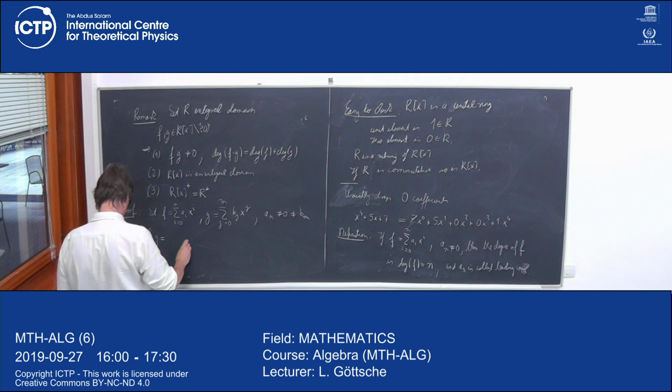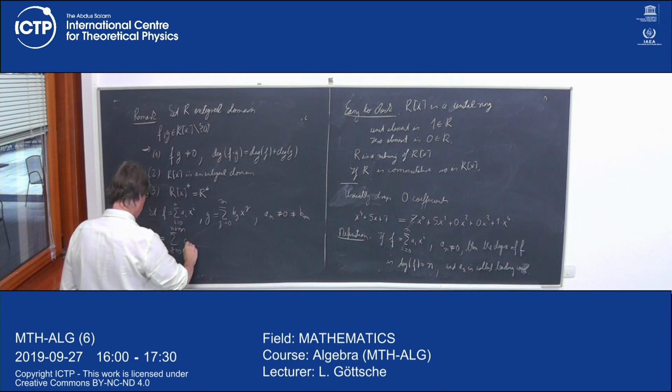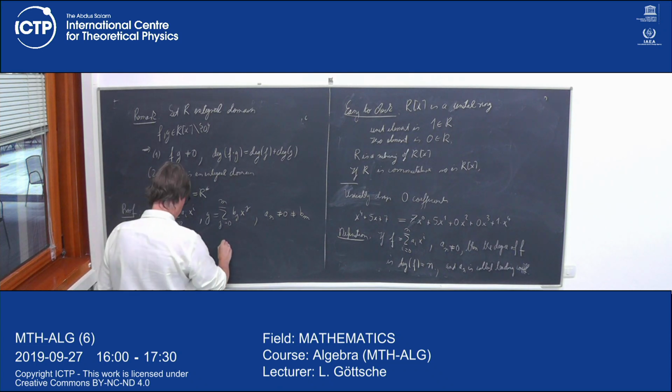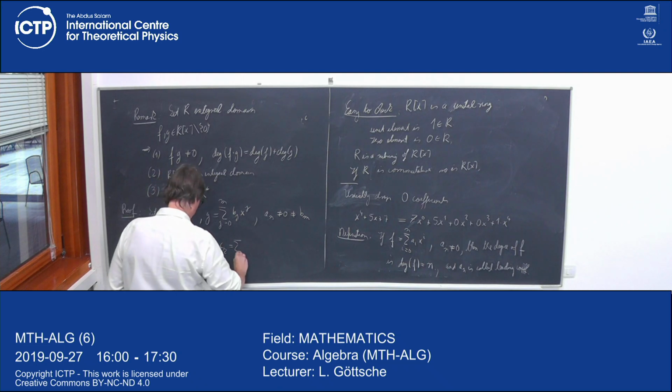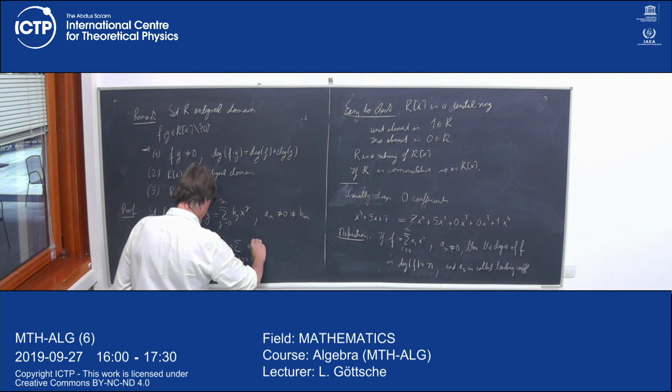This will be, according to our definition, the sum over all k from 0 to n plus m of c_k x^k, where c_k is the sum of all i plus j adding up to k of a_i times b_j.